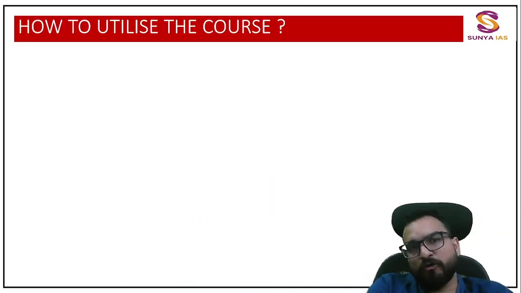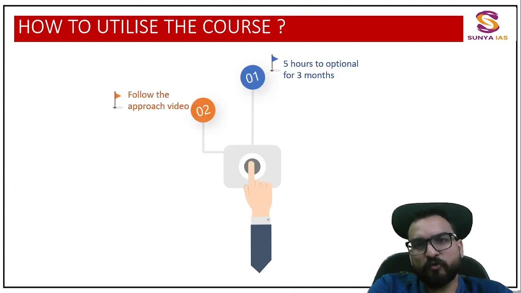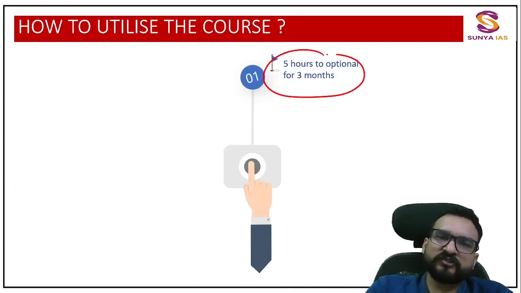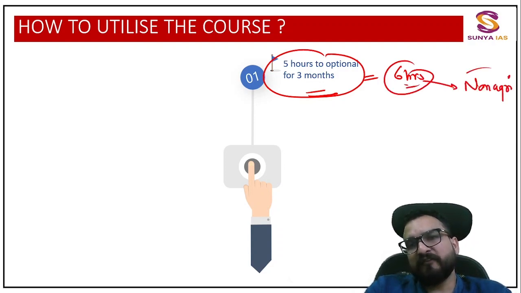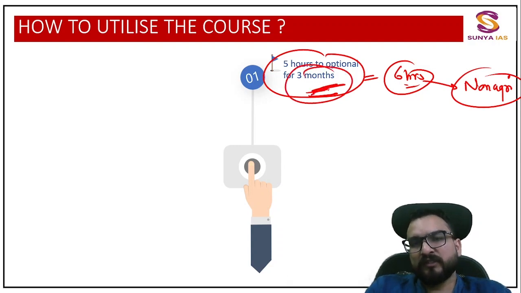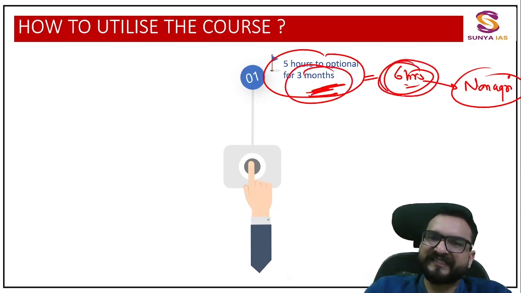Okay, how you have to utilize this particular course? First of all, 5 hours, basically 6 hours I will say, to your non-agri students every day for these 3 months. For the next 3 months you have to devote 6 hours daily for agriculture. How 6 hours? Let me show you. For example, my lecture is of 2 hours, suppose.